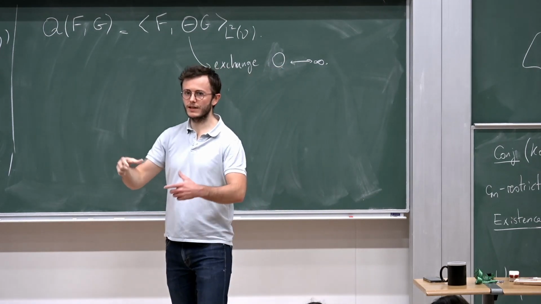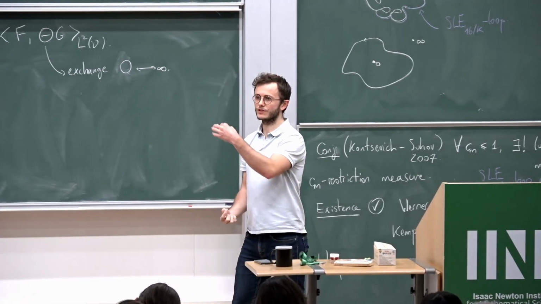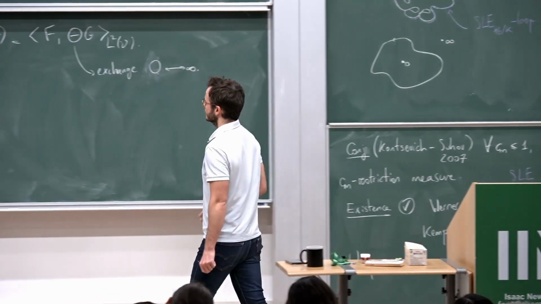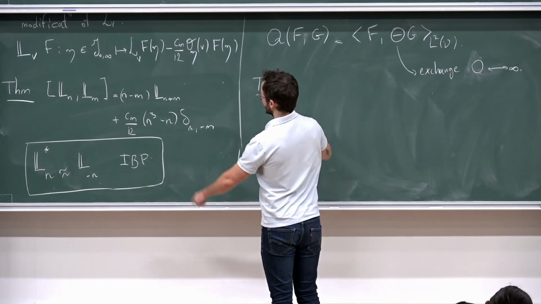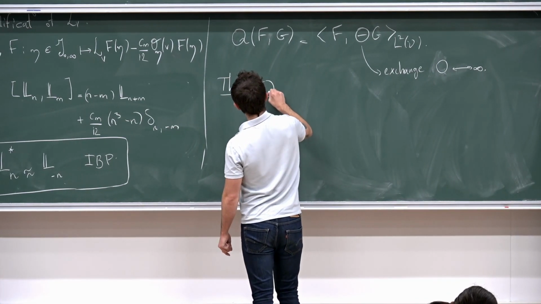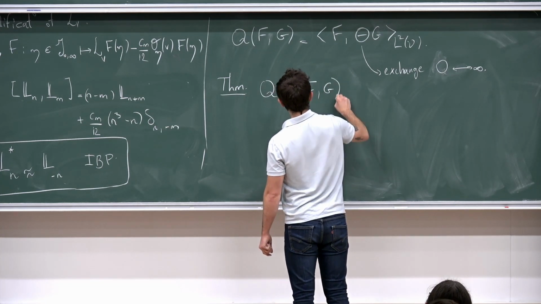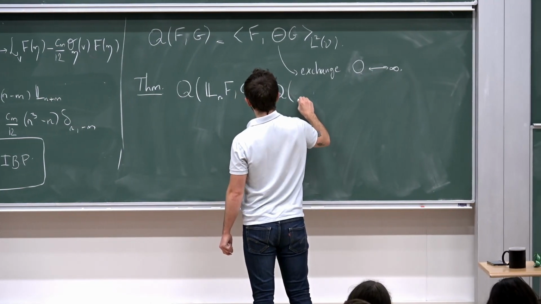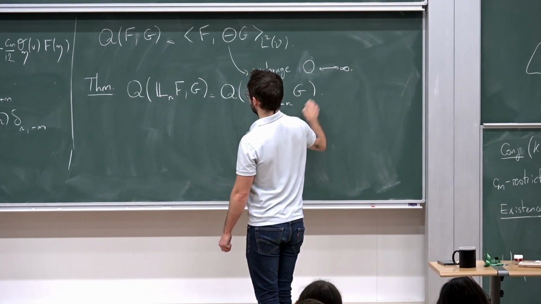So basically, I have my curve eta, and I'm just considering eta with 0 and infinity exchanged. And so the result is that this time, this is true with this Hermitian form: Q of L n f, g is equal to Q of f, L minus n g, for all f and g.